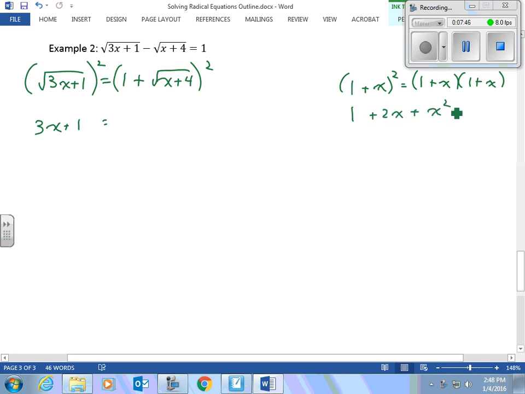So now think of that x as this whole radical here. So I'm going to end up with 1 plus 2 root x plus 4 plus x plus 4, because the root of x plus 4 times the root of x plus 4 gives me x plus 4.